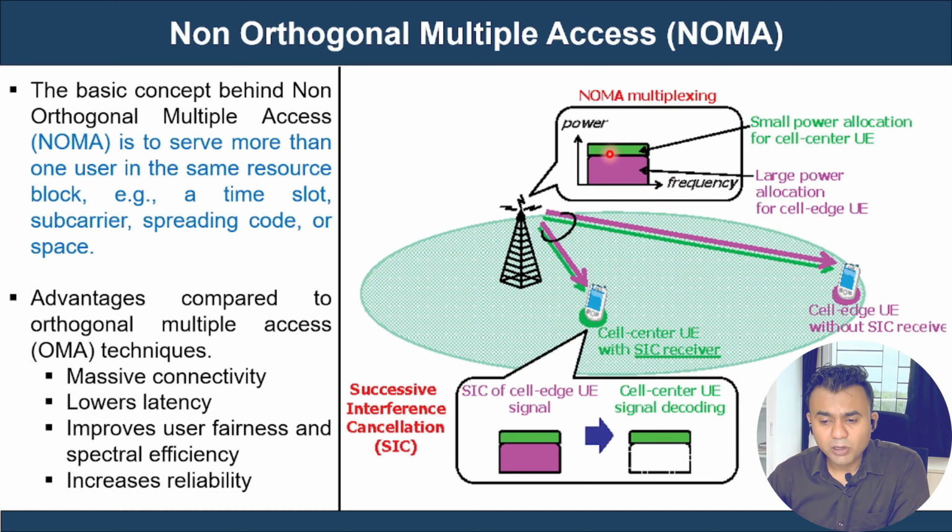Even if I transmit a little bit of power, it should be able to receive the signal, because it is located nearby the base station. So smaller power is transmitted. On the contrary, this mobile user is located far away from the base station.